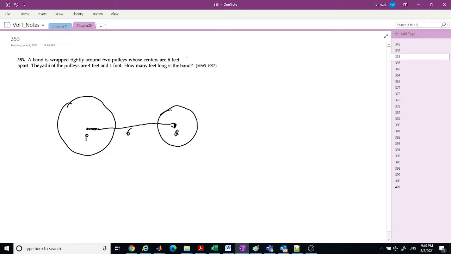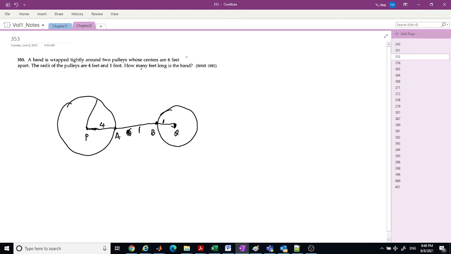The radii of the pulleys are 1 and 4, so this one is 4, this one is 1, and in the middle is 1.